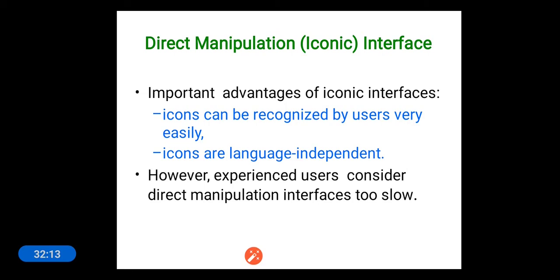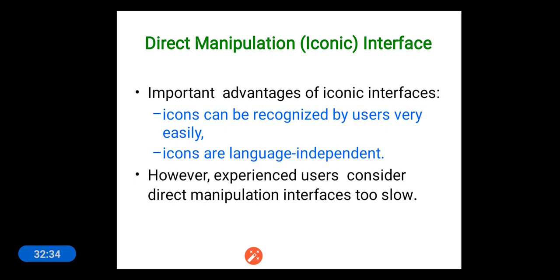The important advantage of this iconic interface is that icons can be recognized by users very easily. Just by seeing the icon, we can say what kind of service that particular icon is related to. Icons are language independent, so we need not bother about the language.